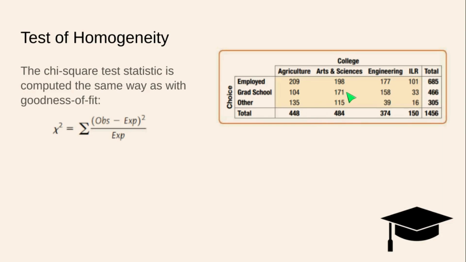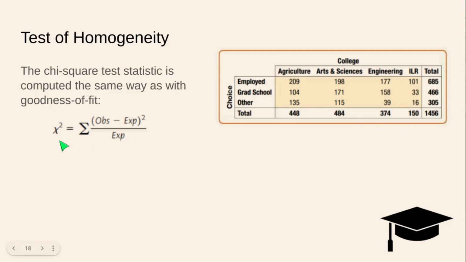Another example of an expected count. Let's look at arts and sciences and grad school. That 171 is our observed count. The expected count would be 466, that's the total number of people who are in grad school, divided by 1456, our grand total, times the number of people in arts and sciences. So we would do observed minus expected for each cell, square that, and divide that by the expected for that cell.